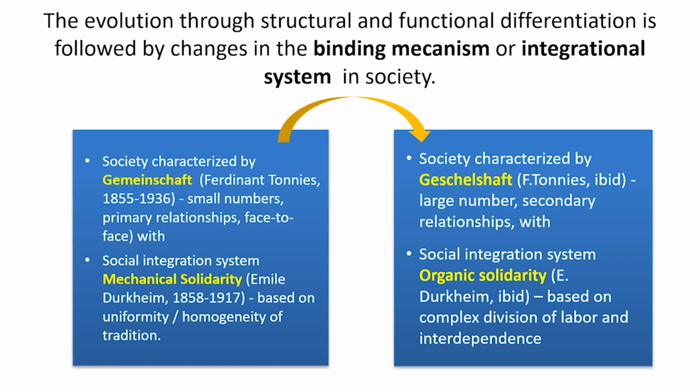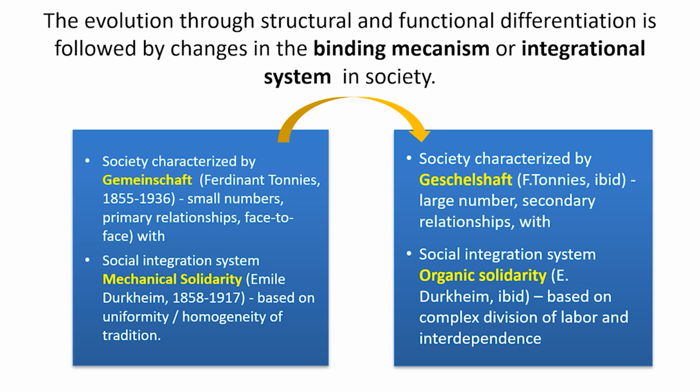For example, a society that evolved from a simple to a more complex society involved a change in its structure and the functions of its institutions.